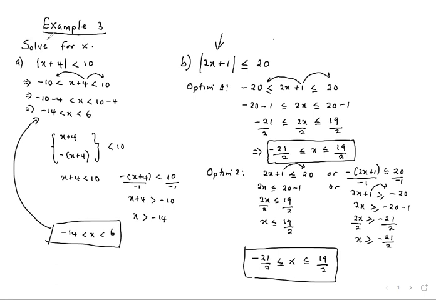Sir, explain for me that one. On that one, the first one there you made, how did you come up with those two equations there? It's -10 less x plus 4 great.